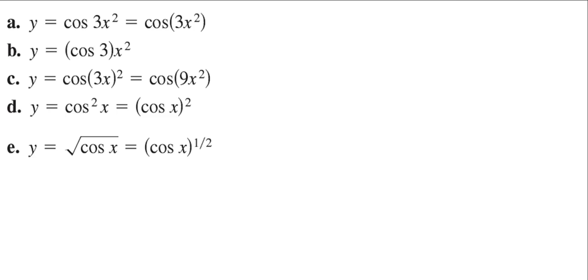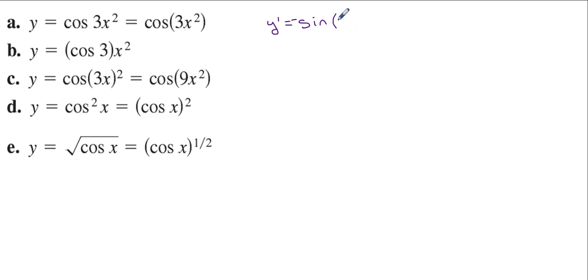Letter A. Okay, cosine 3x squared. You just got to assume that 3x squared is the argument of cosine. Sometimes we'll put parentheses around it. Okay. What's the outer function? Well, definitely cosine. What's the inner function? 3x squared. Okay, so we have to find y prime or dy dx. Derivative of the outer function would be sine. What is that? Isn't it negative? Oh, it's negative. Derivative of cosine is negative sine of what?